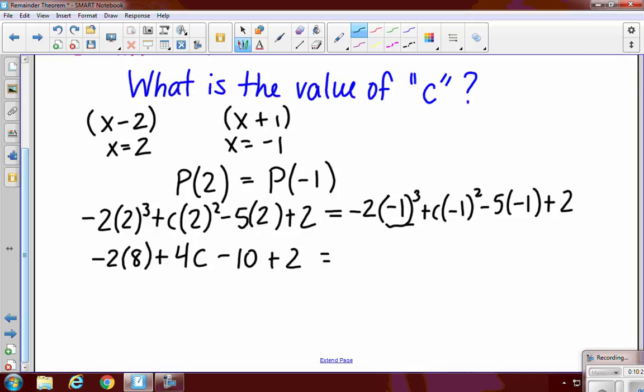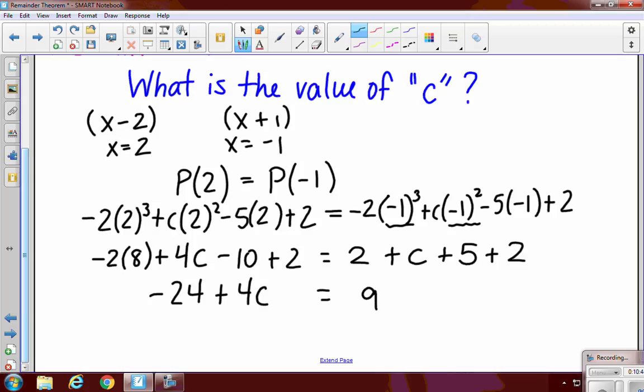So negative 1 times a negative 2 is a positive 2. Here, negative 1 squared is a positive 1. So that gets me a positive 1c. These two negatives make a positive. And I'm left with 2. We just clean house by doing some constants and cleaning things up. So we get negative 24 plus 4c on this side. And over here I get 9 plus c.